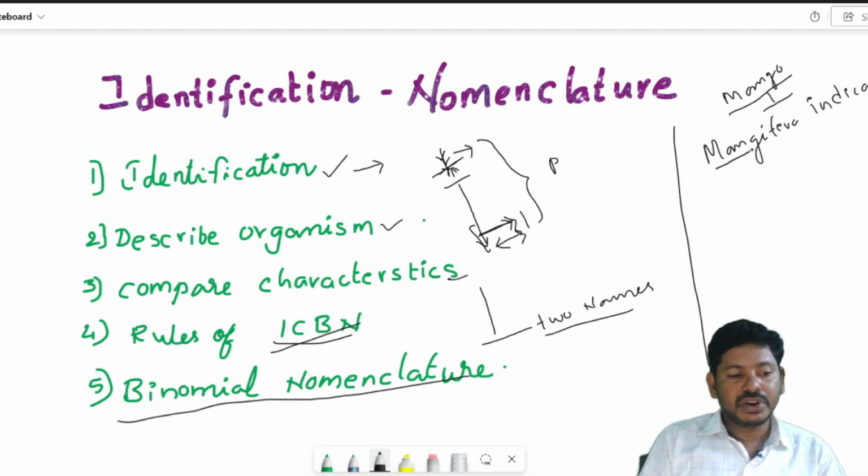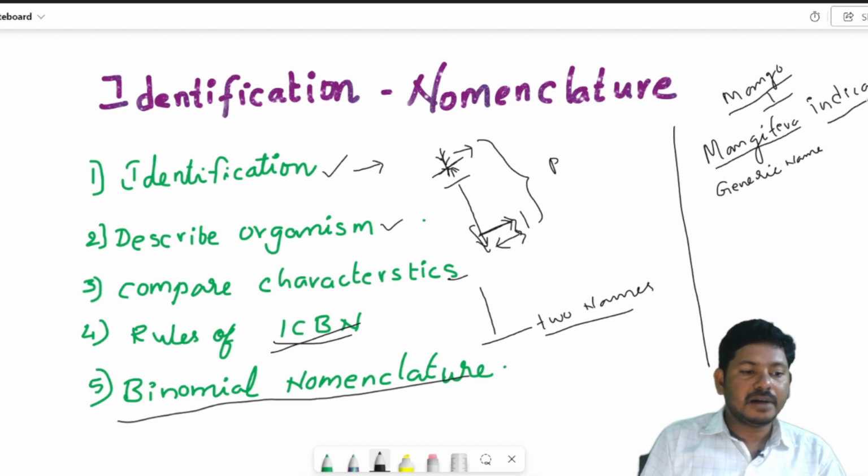Here, there are two components. The first component is called the generic name. The second component is called the specific epithet.